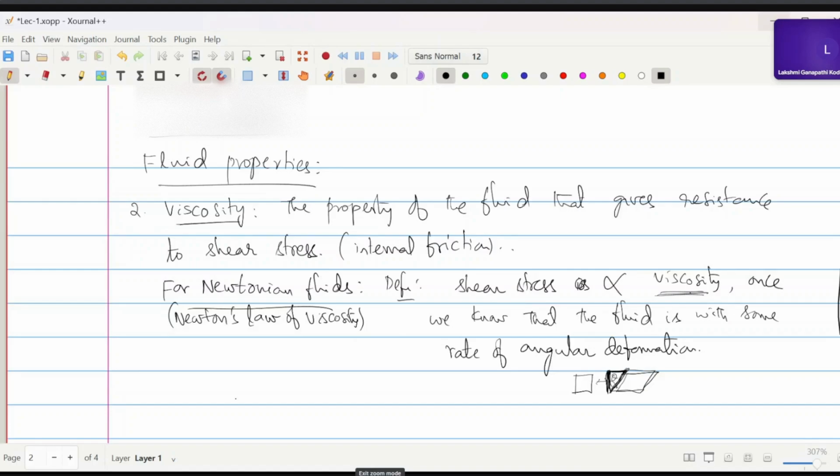For non-Newtonian fluids, it's a crude first principle. Non-Newtonian fluids are like tar, some oily substance, some molasses at colder temperatures, not so hot.